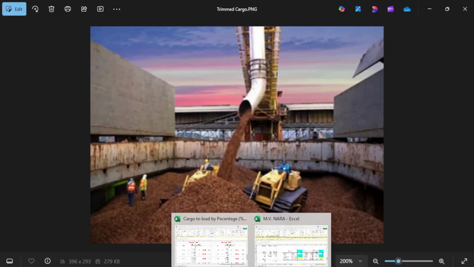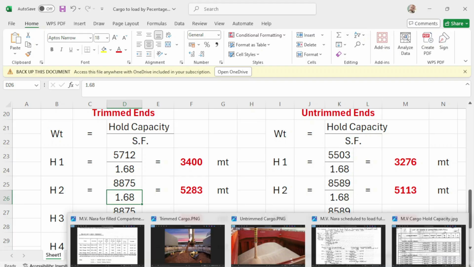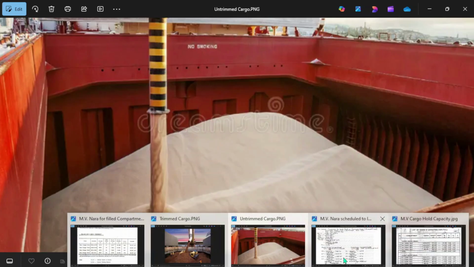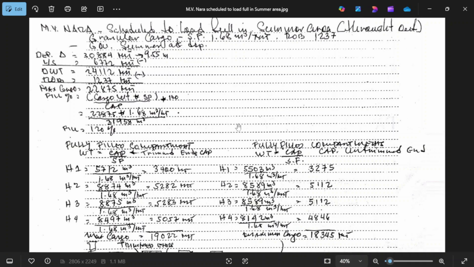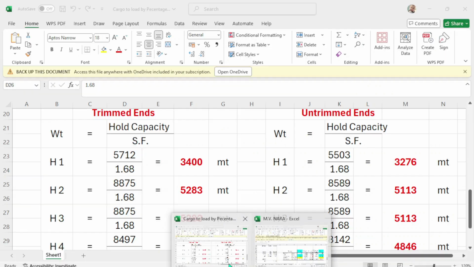While the untrimmed, you have spaces all around, like this one. So you have more space on the edge all around. Okay, that is what it meant there.